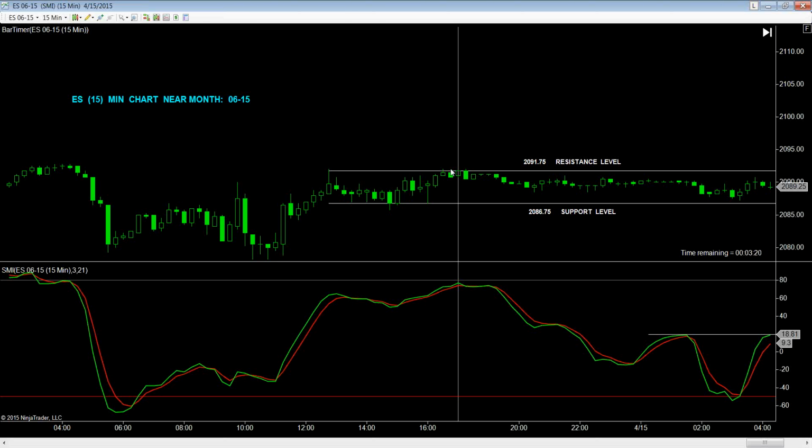So now, where we're looking for the break of the resistance level at 2091.75 to the upside on the 15-minute chart, and we're looking for the break at the internal resistance level that the previous peak has established on the indicator itself, one of two things are going to happen. It's either going to go or it's not.